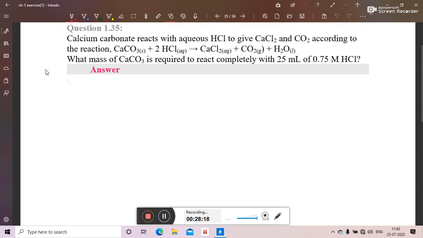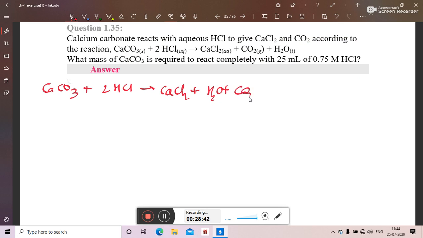Now question number 35: calcium carbonate reacts with HCl to give calcium chloride and CO2. According to the reaction, CaCO3 plus 2HCl gives CaCl2 plus H2O plus CO2.